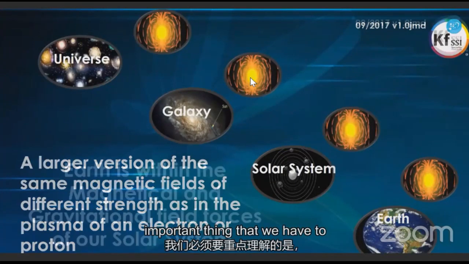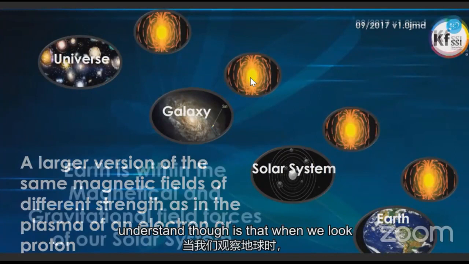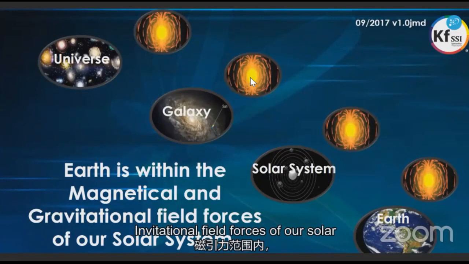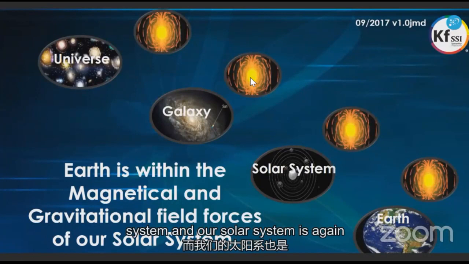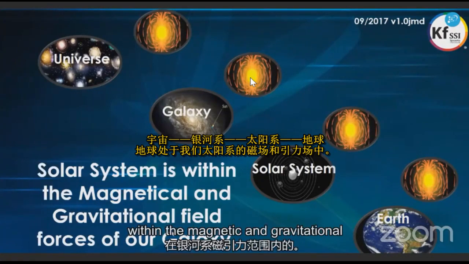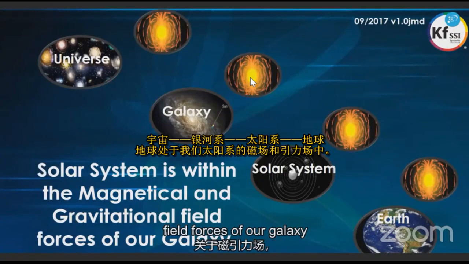What important thing we have to understand, though, is that Earth is within the magnetic and gravitational field forces of our solar system. And our solar system is again within the magnetic and gravitational field forces of our galaxy.